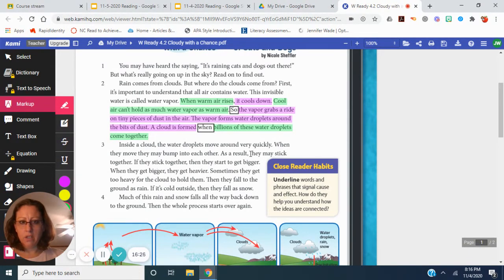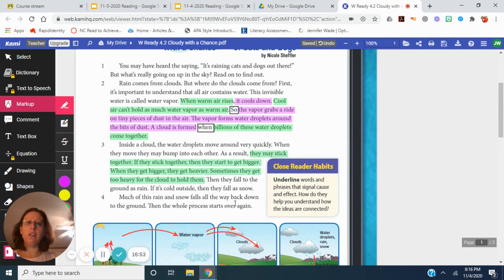All right. They stick together, they get bigger, and when they get bigger, they get heavier. Sometimes they get too heavy for the cloud to hold them.